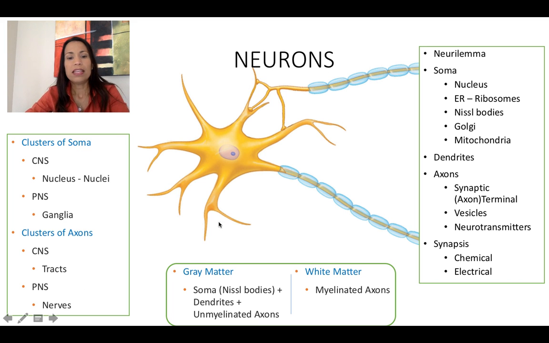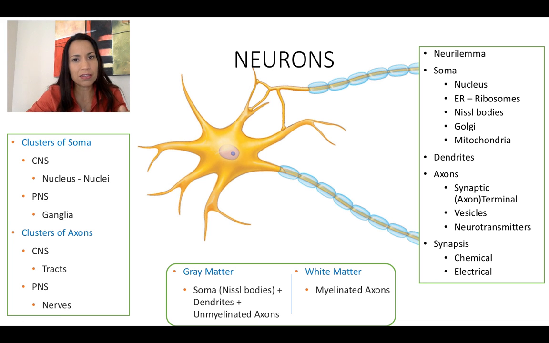Another thing that is important to say in here is that, in general, in the nervous system, when you see any organ of the nervous system, either the spinal cord or the brain, you're going to see darker areas and lighter areas.